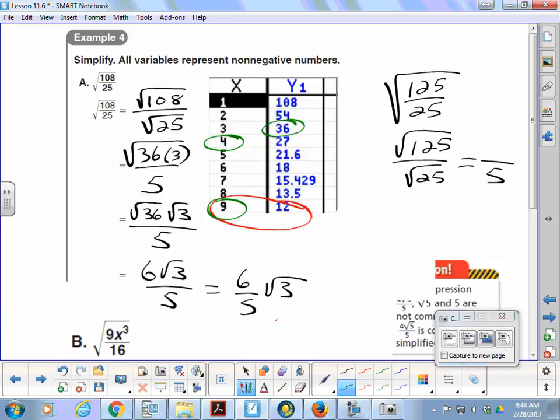You can't write it in the denominator, but you could leave it like that. But like I said, my suggestion is just leave it like this. So just be careful when you're looking at the ones on your calculator that you're looking for the largest square, not just a square. It's got to always be the largest one. Okay, I think we're good.